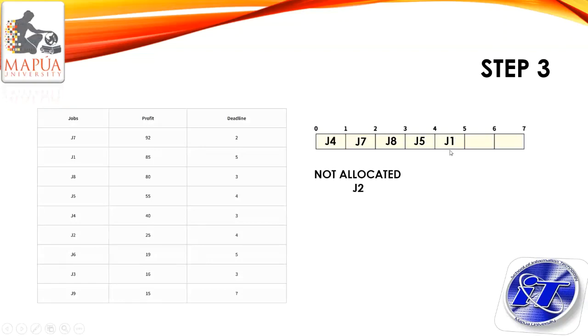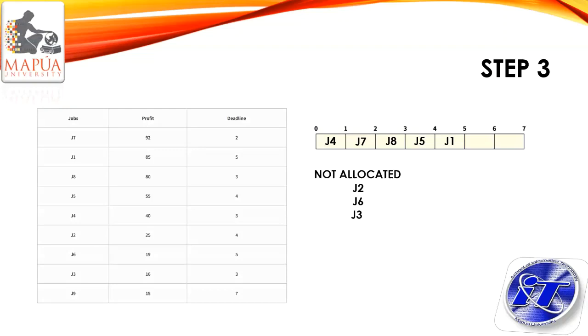Unfortunately, the fifth slot is already filled up by J1 and the first to fourth slots are also filled up, so there's no empty space before deadline 5. Therefore, J6 will not be allocated. How about J3? Deadline is 3. Same as J2 and J6, slots 3, 2, 1 are already filled up, so there's no chance to allocate J3.